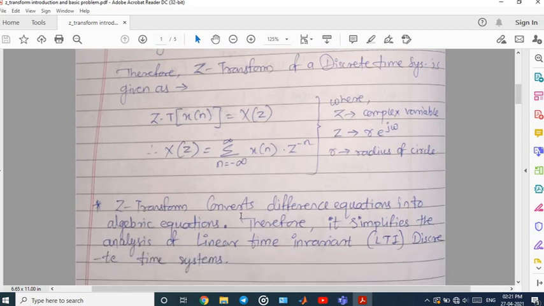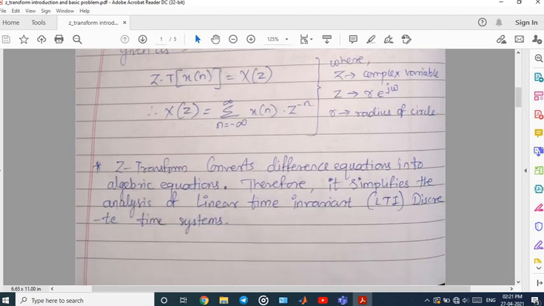Okay, so Z transform converts differential equations into algebraic equations. Therefore it simplifies the analysis of linear time invariant discrete time systems. So keep in mind, whenever we are going to approximate LTI systems which are discrete time, we have to use Fourier transform or Z transform.